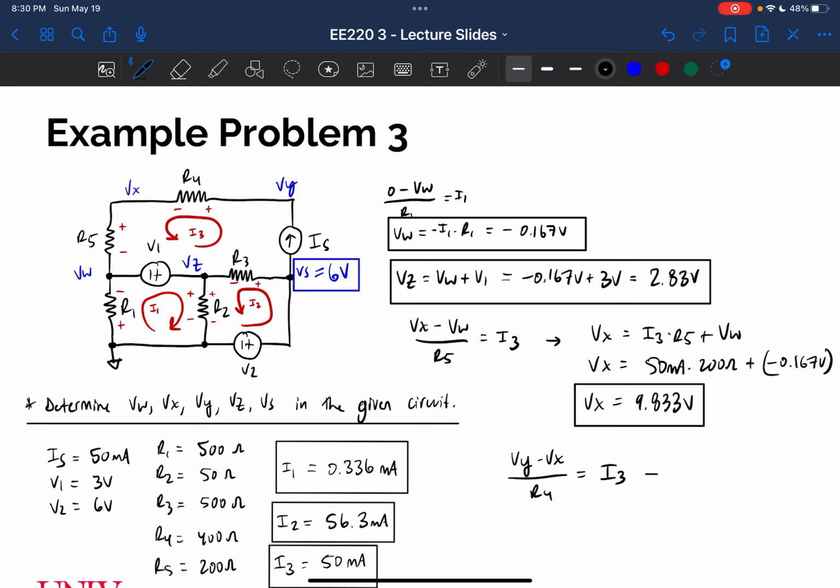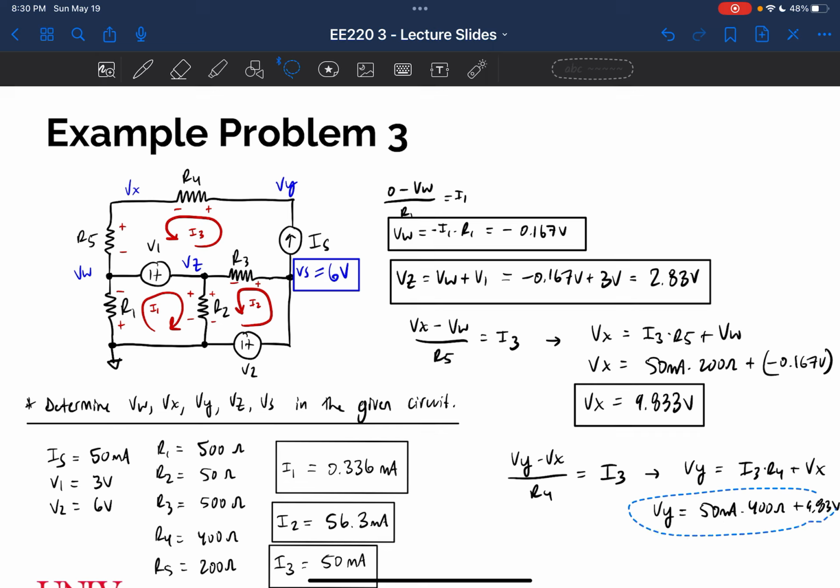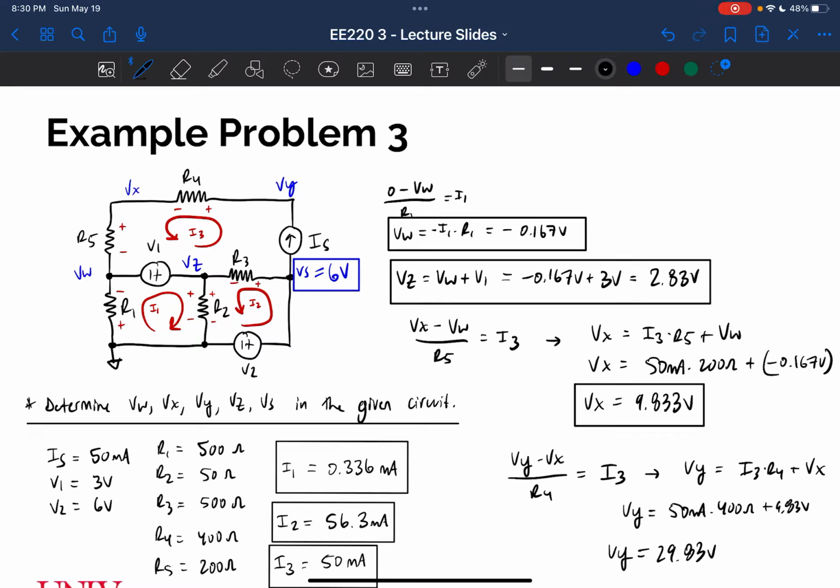So Vy is equal to I3 times R4 plus Vx, which in this case is 50 milliamps times, what is R4? 400 ohms, plus 9.83 volts. Let's move that, it's running out of room. That should be 20 plus 9.83, which gives me 29.83 volts. And that is correct according to LT Spice.